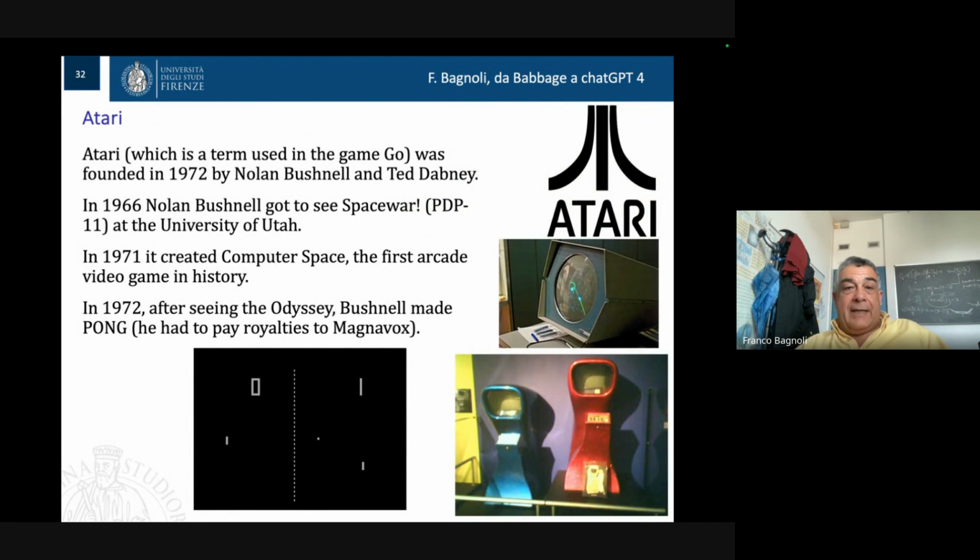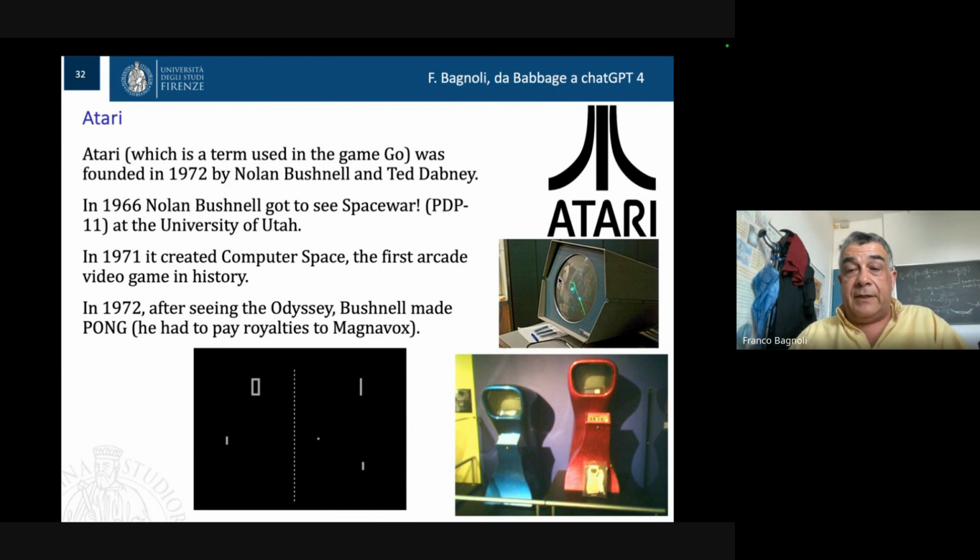And you see, we are now passing into the 60s, we are now entering the period of consoles. Consoles means something that will stand by itself in some public place, like a pub or a bar. You used coins to buy a game, and then you played with a joystick.